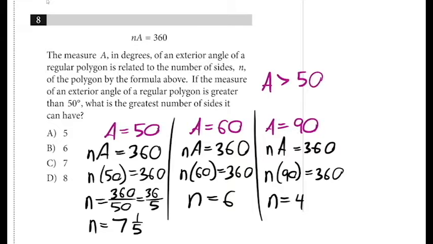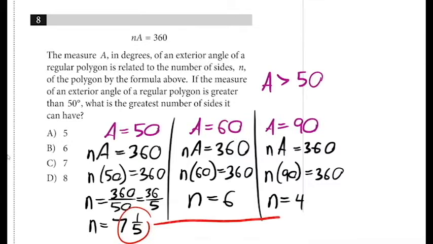So by plugging in parameters here, we've shown that when A is greater than 50, we start at a number of sides that's equal to 7 and 1/5. You can't really have 7 and 1/5 sides, but we know that it's a number greater than 7. And what happens as you keep plugging in numbers that we're allowed to plug in? Because A is greater than 50, so we're going in the greater direction.